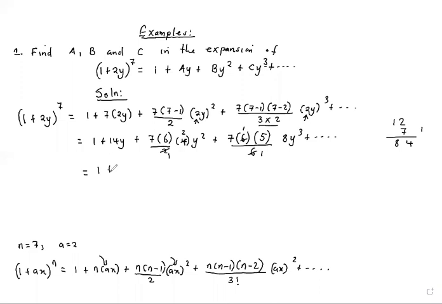So we have 1 plus 14y plus 84y squared plus 7 times 5, 35. 5 times 8, 40. 40 times 7, 280. So plus 280y power 3. That's it.